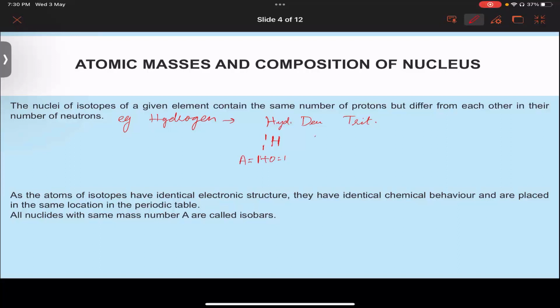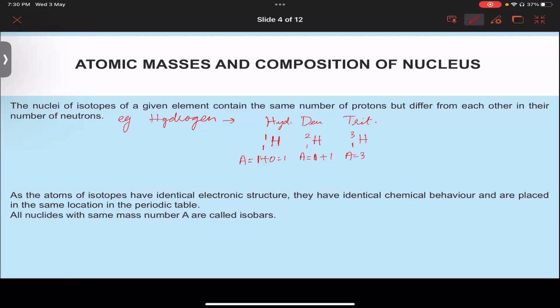Deuterium has mass number 2 and atomic number 1, because it has one proton and one neutron. Tritium similarly has one proton, so its atomic number is 1, but it has 3 as the atomic mass number.